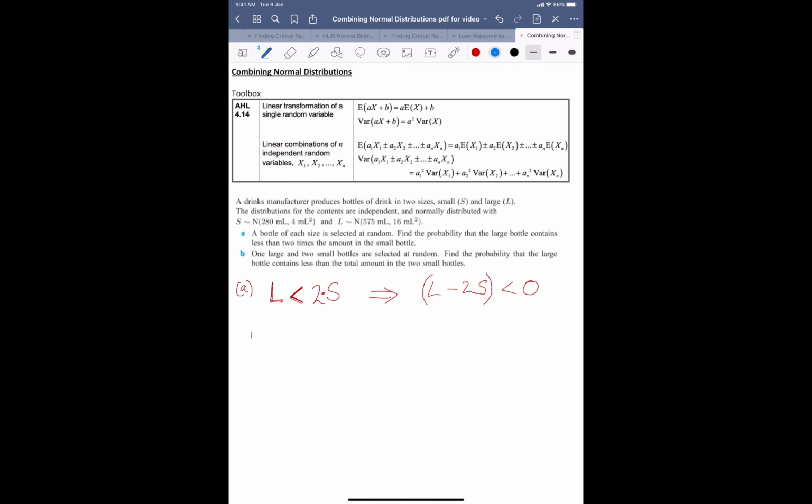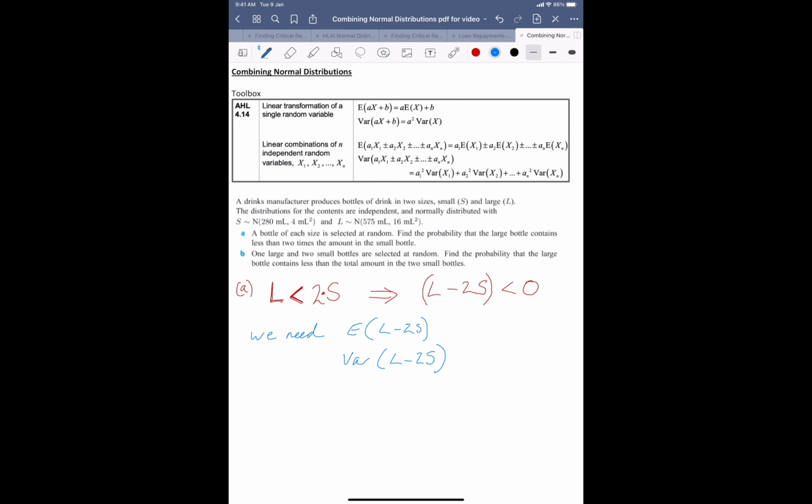So we need the mean of this distribution, and we need the variance of this distribution. And this is where the formulas kick in. All right, so the formulas back here just tell us, look, that E of aX plus b, we just unpack, and Var of aX plus b, we also follow this rule.